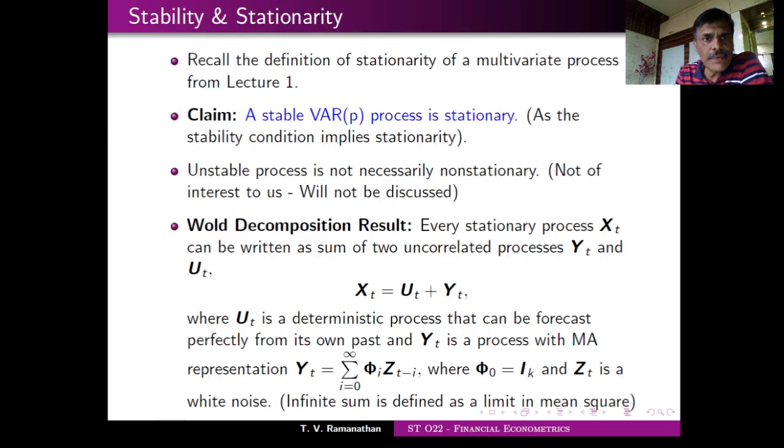So now let's look at stability and stationarity, because I told that this is stable. I did not say stationary. Stationarity we define in terms of mean, variance and all, whereas here you are talking in terms of a deterministic equation, the reverse characteristic polynomial. Of course, we have seen stationarity in the context of the reverse characteristic polynomial, but we did not call it that.